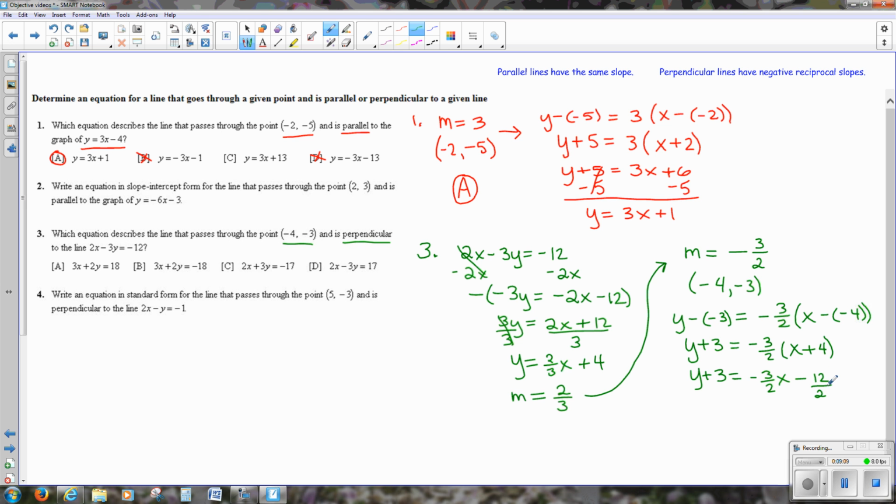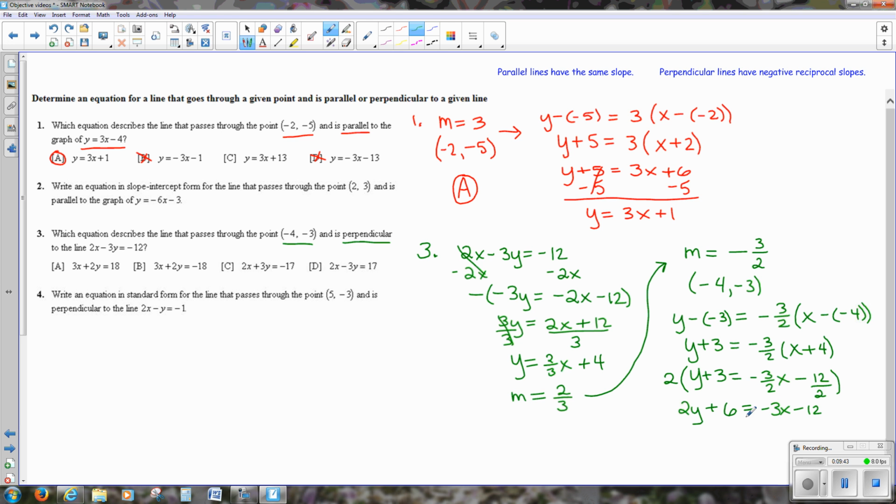Now I could turn that into 6, but I'd really like to get rid of these denominators anyway. So I'm just going to multiply everything by 2. So we get 2y plus 6, don't forget to distribute, equals, now when I multiply 2 times this, it'll cancel the denominator, so we have -3x. 2 times that fraction, those denominators will cancel, so I'm left with just -12.